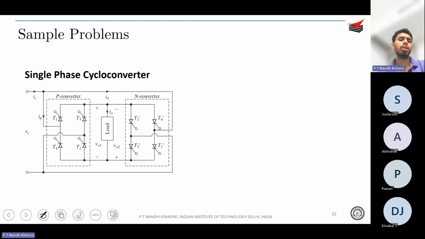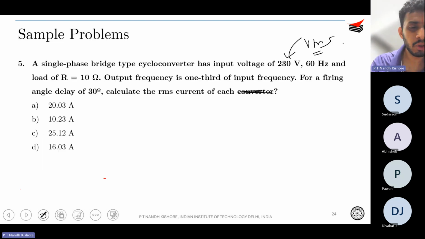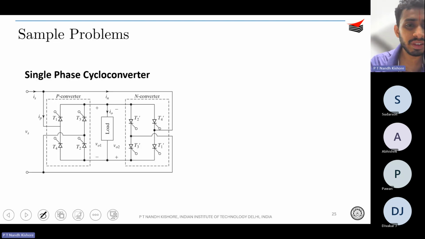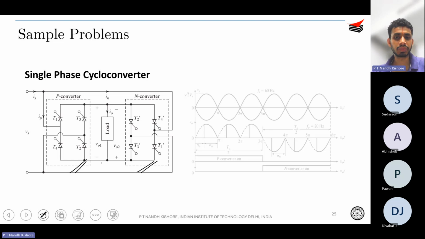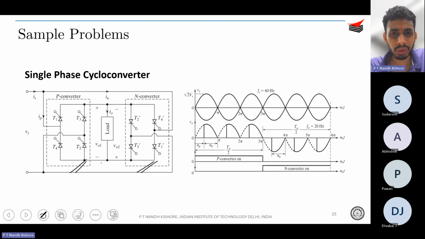In these kinds of problems, it's better to draw the circuit and analyze it. So what happens in a cycloconverter? You have something like this. This is nothing but a full bridge. Don't get too confused. It's a full bridge, and again a full bridge in anti-parallel, and then you have the load in between. This is your conventional cycloconverter. So you're going to see something like this.